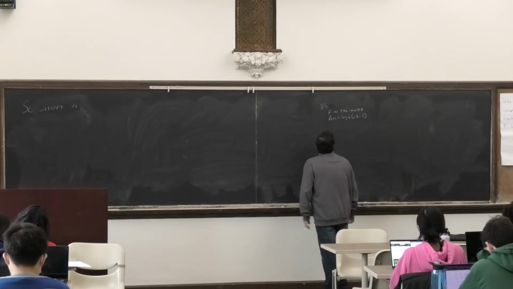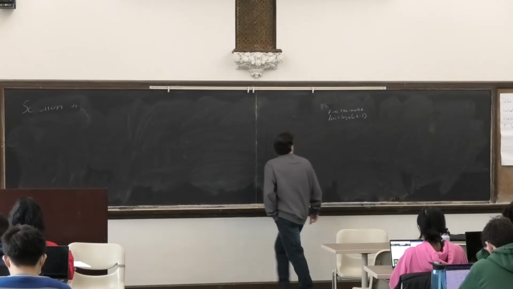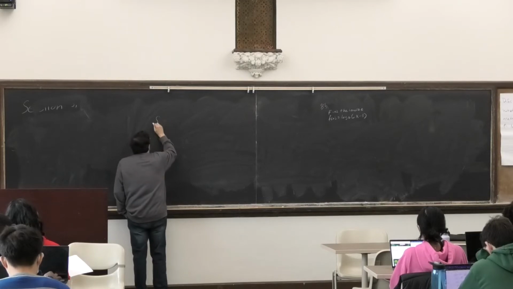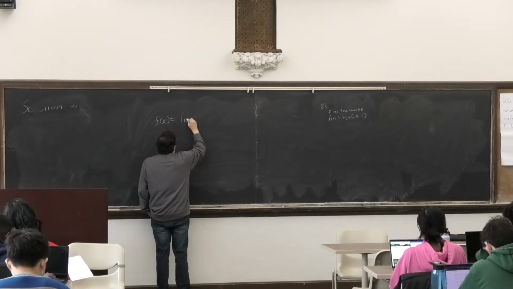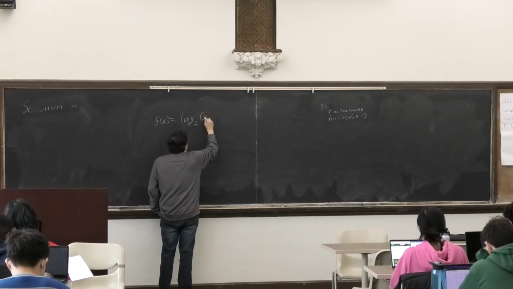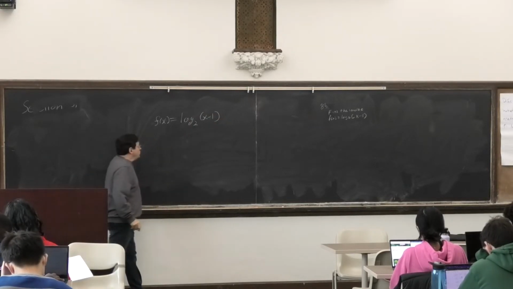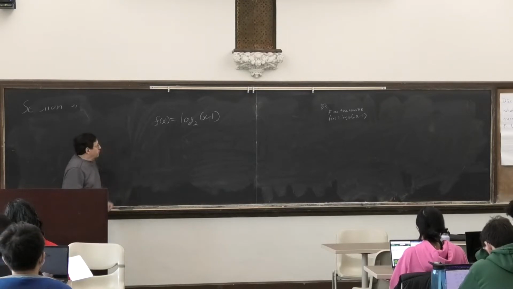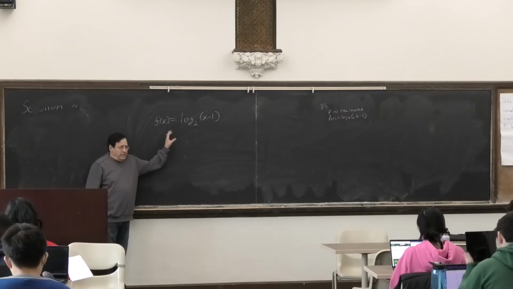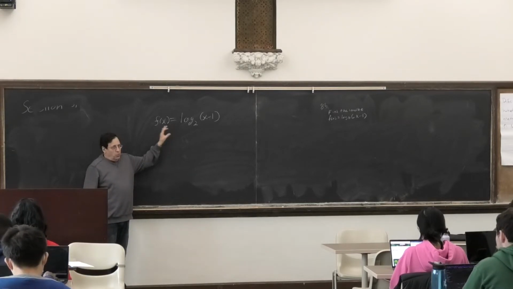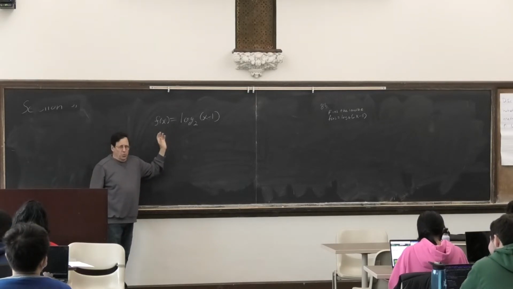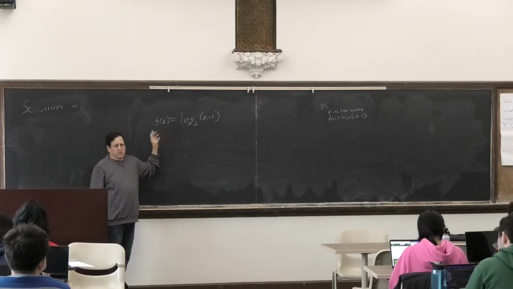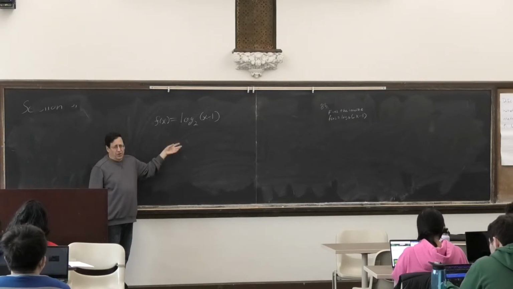All right. Find the inverse of log to the base 2 equals log to the base 2 of x minus 1. In the world of mathematics, when you find an inverse, you want to be a little careful about what the domain and ranges are.